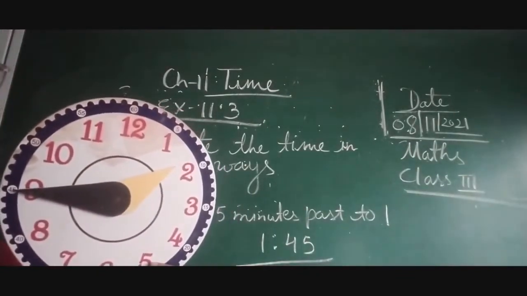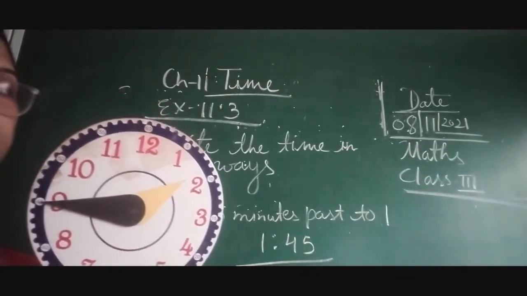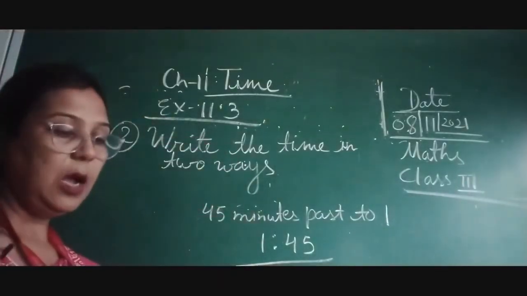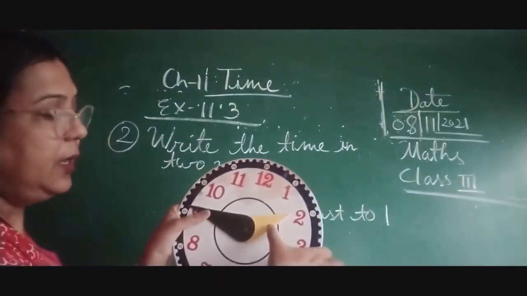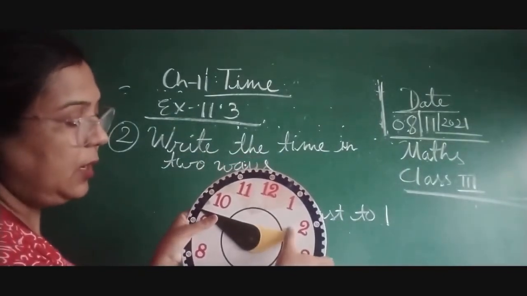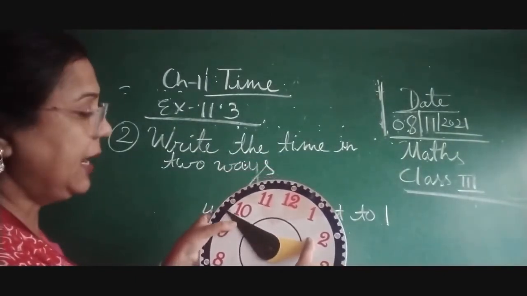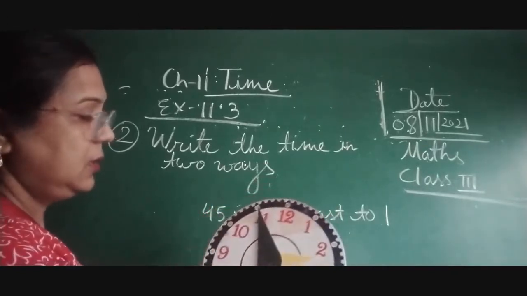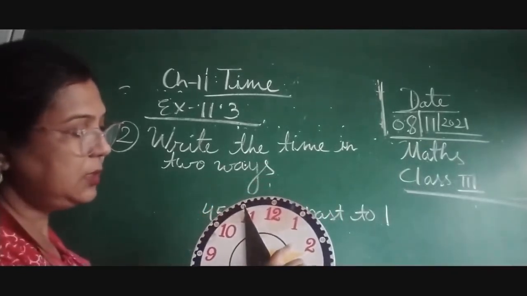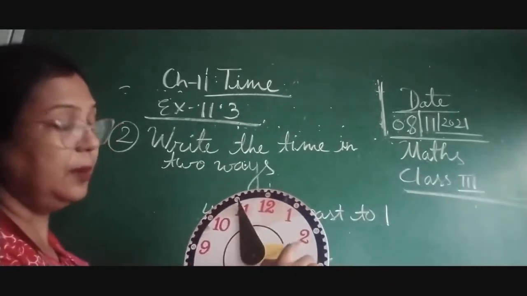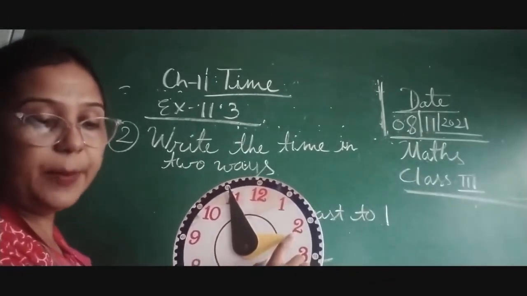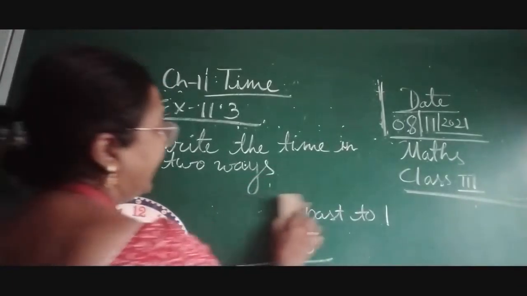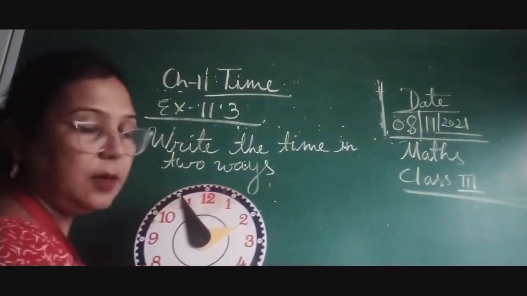Now children, we are going to do our next number, that is our shorter hand is in between 1 and 2 and our bigger hand is at 11. Okay, so 5 minutes are left to become 2. Okay, but we will write in the minutes.